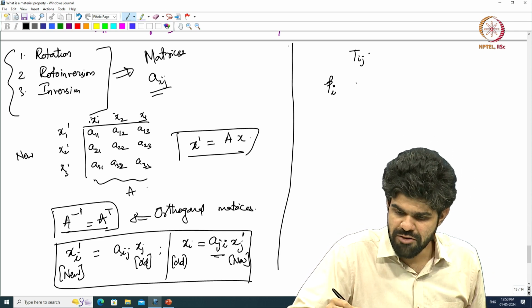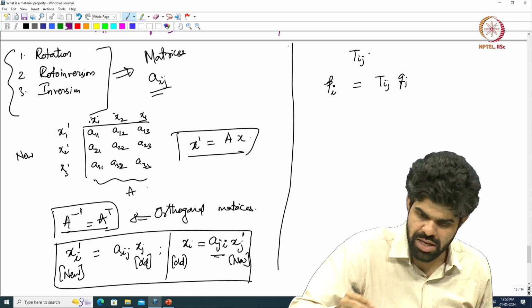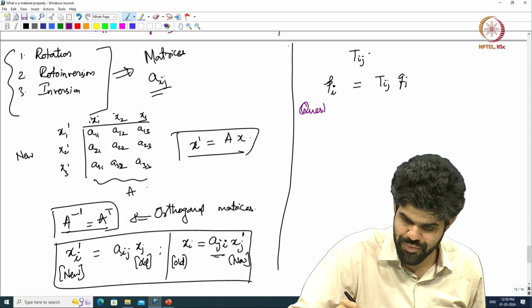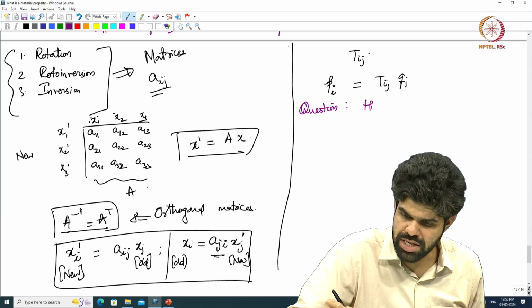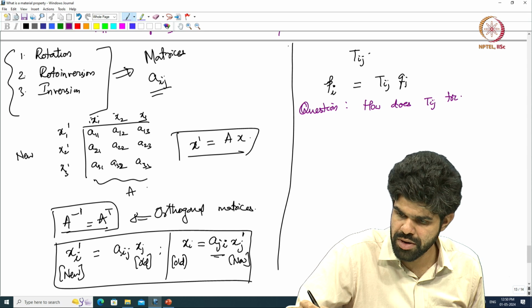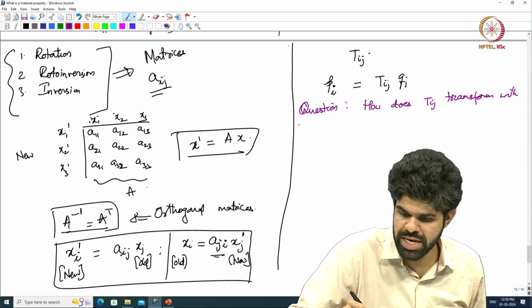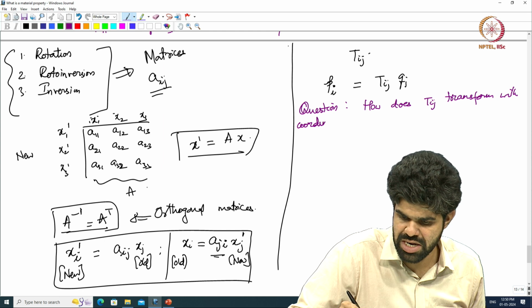Okay. So, if I have Pi equal to Tij Qj, the question now, I will write it in this color, is how does Tij transform with coordinate transformation?